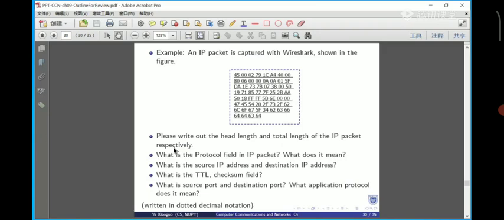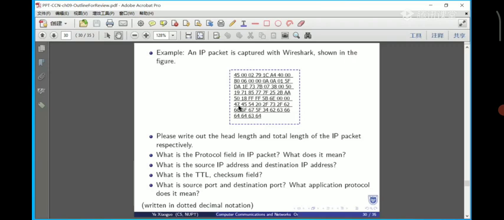Then we illustrate Wireshark, the capture and analysis of packets captured with Wireshark, and the information captured with Wireshark is given.